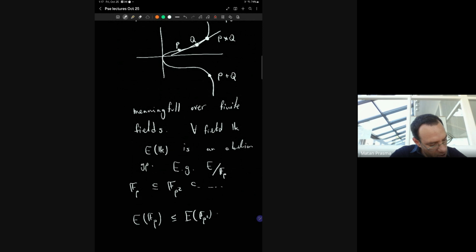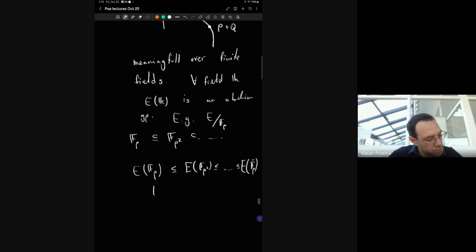And all of it is going to be a subgroup of E over Fp bar, the Fp bar rational points of E. So this is a tower of groups.